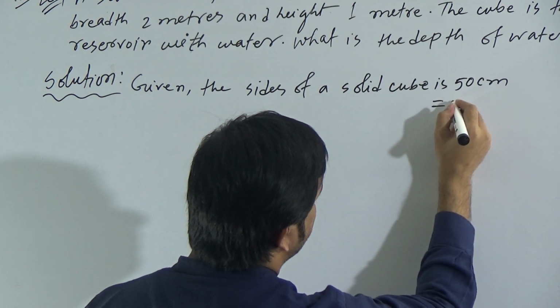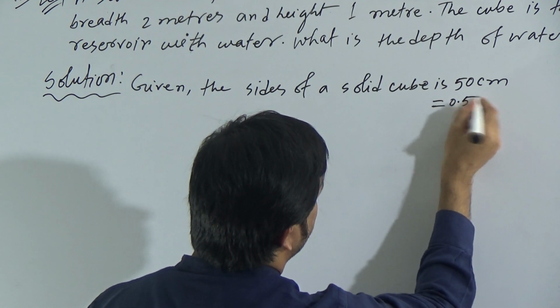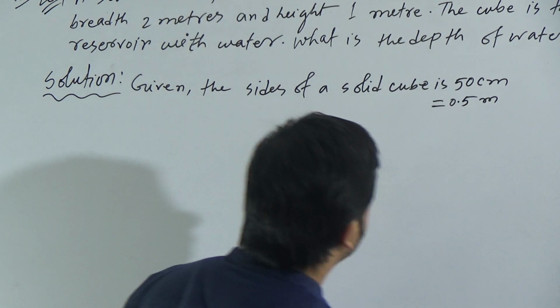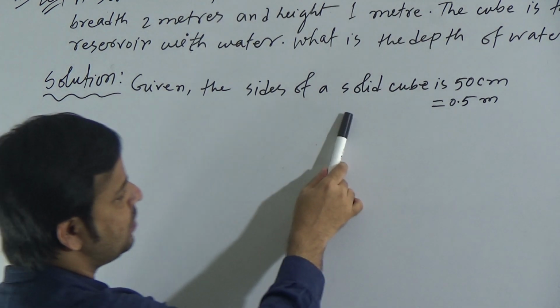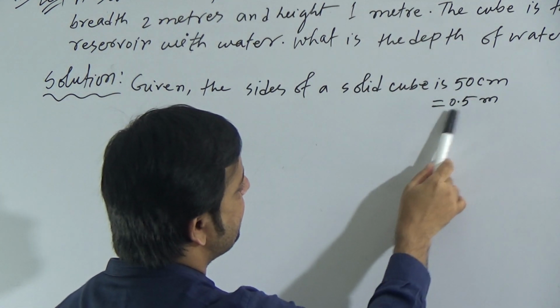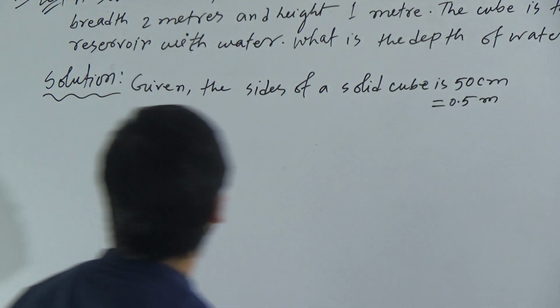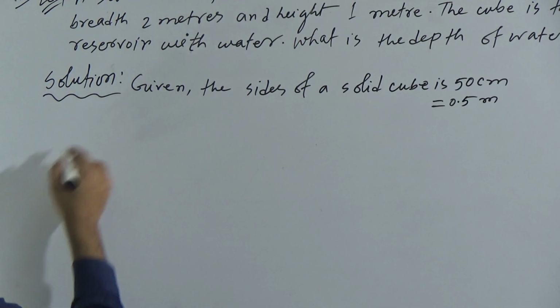If we divide 50 by 100, we will get 0.5 meter. So we can write the sides of a solid cube is 50 centimeter means 0.5 meter. So we can find the volume of the cube.